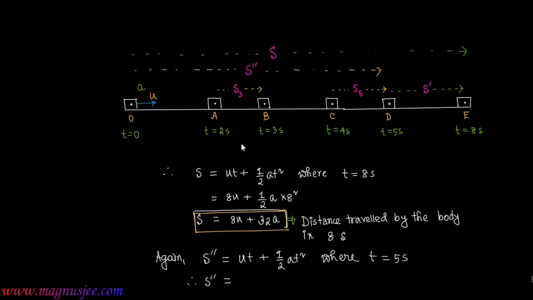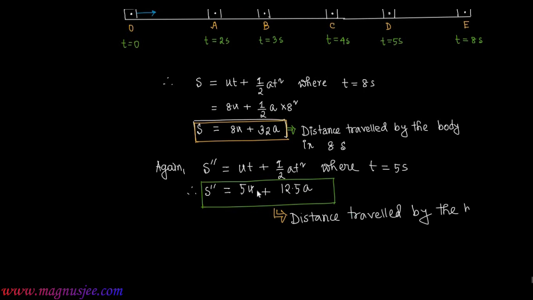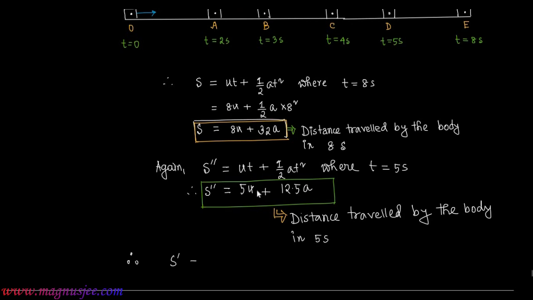Therefore, S double prime will be equal to 5u plus 12.5a, putting t as 5 seconds. S double prime is the distance traveled by the body in 5 seconds, not in the 5th second.